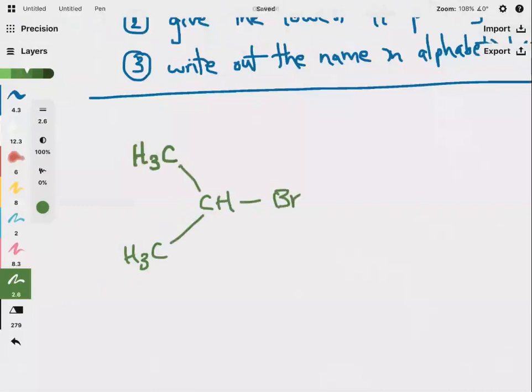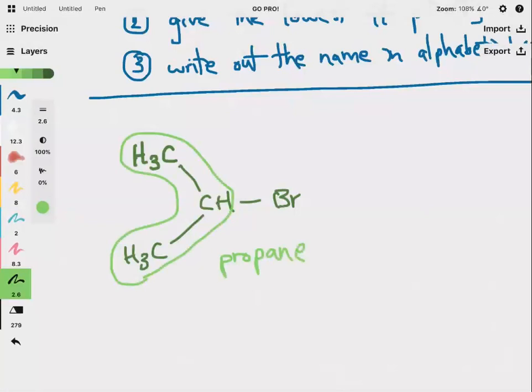Hopefully you were able to see that the longest hydrocarbon chain, carbons and hydrogens, runs this way. So it's a 3-carbon chain. If it's a 3-carbon chain, you know it's going to be propane. Prop, basically, P-R-O-P, signifies that you have 3 carbons in a row.